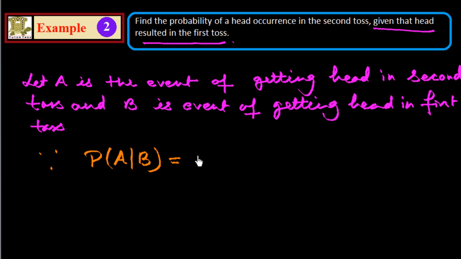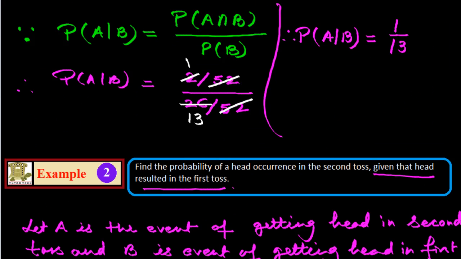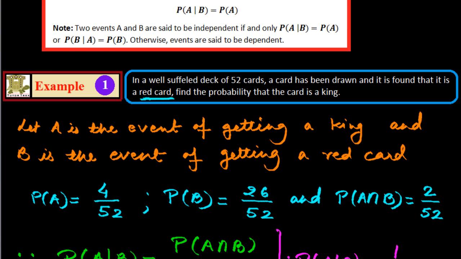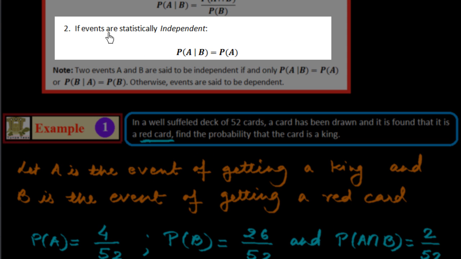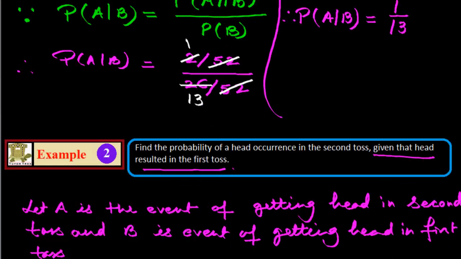As per the rule I explained here, if the events are statistically independent, then probability of A given B is equal to probability of A.